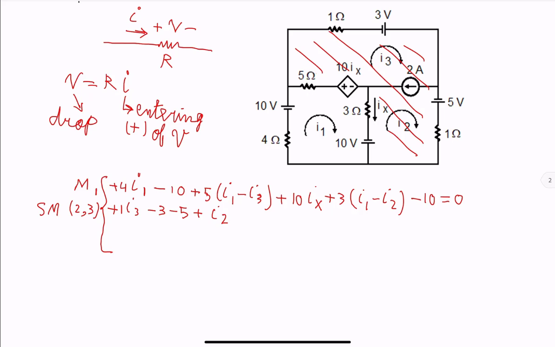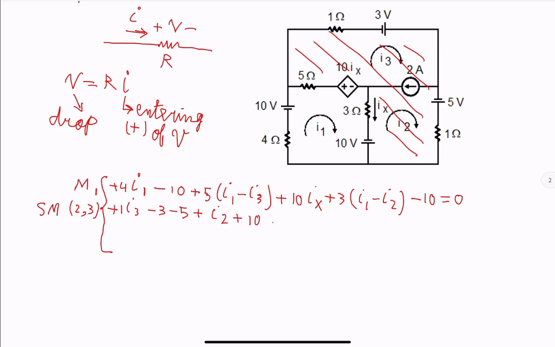We are now turning around, going up through the middle branch. We see positive side of the source, so plus 10. Next, we need to write voltage drop across the 3 ohm resistor in the direction of I2. Make sure that is not confusing. Do not look at that IX. IX is just defined there.